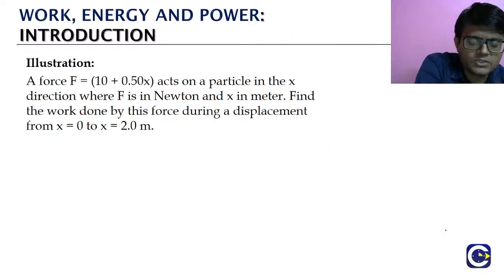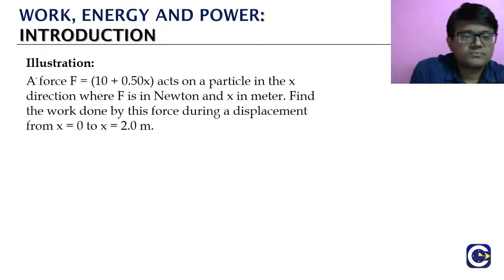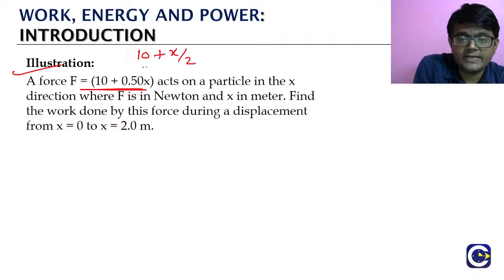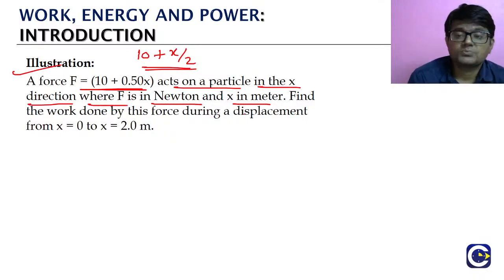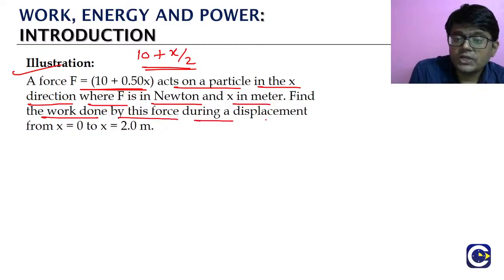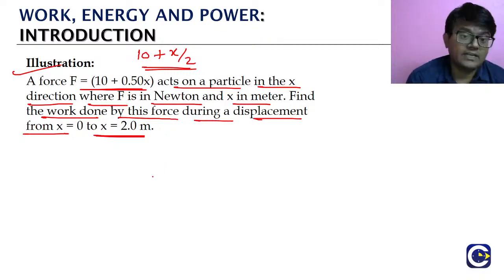Look at this question. A force of 10 plus 0.5x, which we can also write as 10 plus x by 2, acts on a particle in the x direction, where F is in Newton and x is in meter. Find the work done by this force during the displacement from x equal to 0 to x equal to 2 meter.